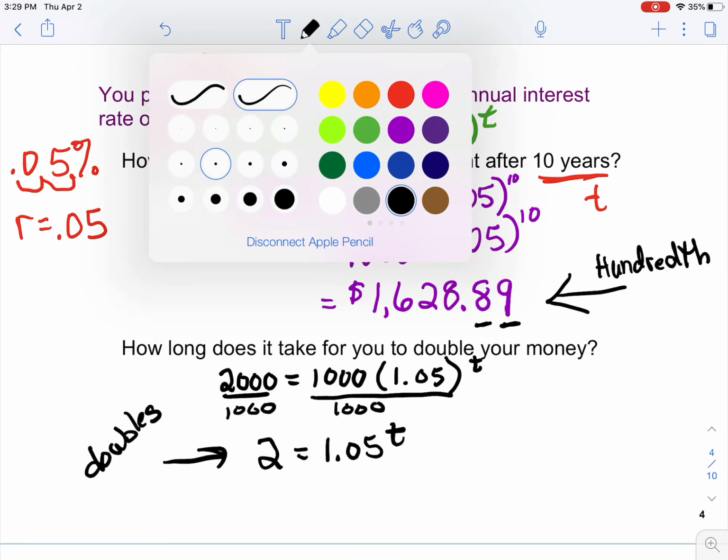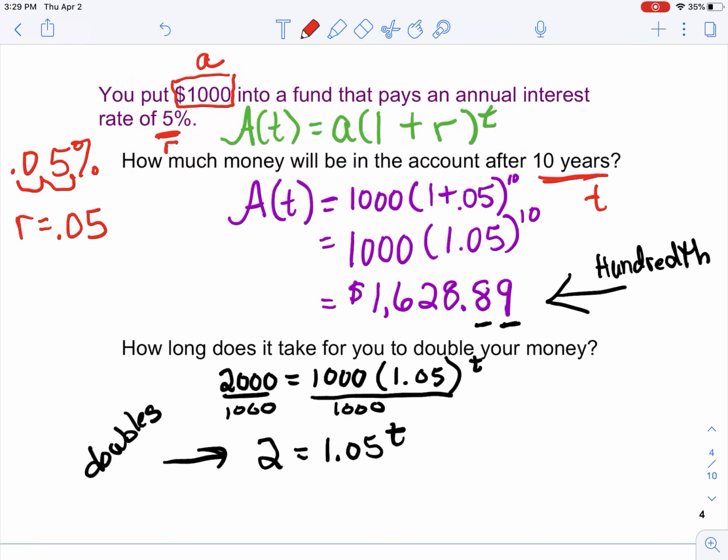So now I'm going to show you a couple of different ways that you can do this problem. Later on, we will figure out how to change the form of this, but right now we don't know how. So one way is to guess and check. To guess and check, we're going to look for values of t. So the question above, 10 years, it gives us $1,600.